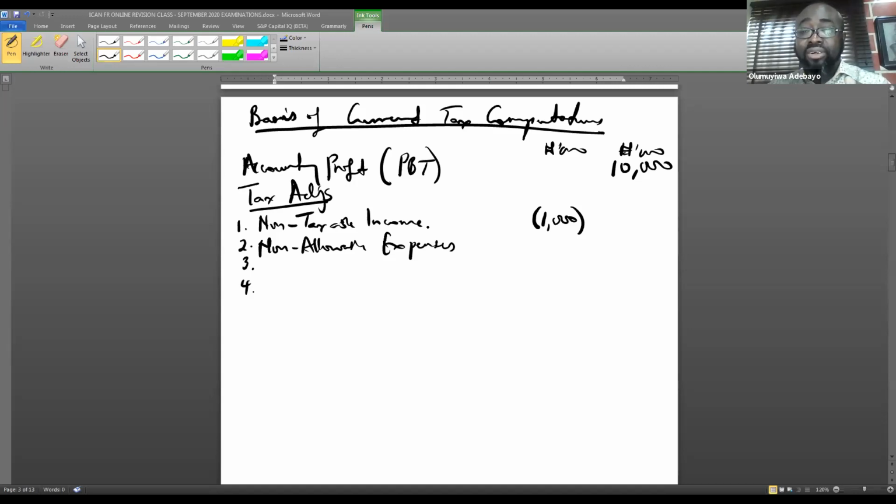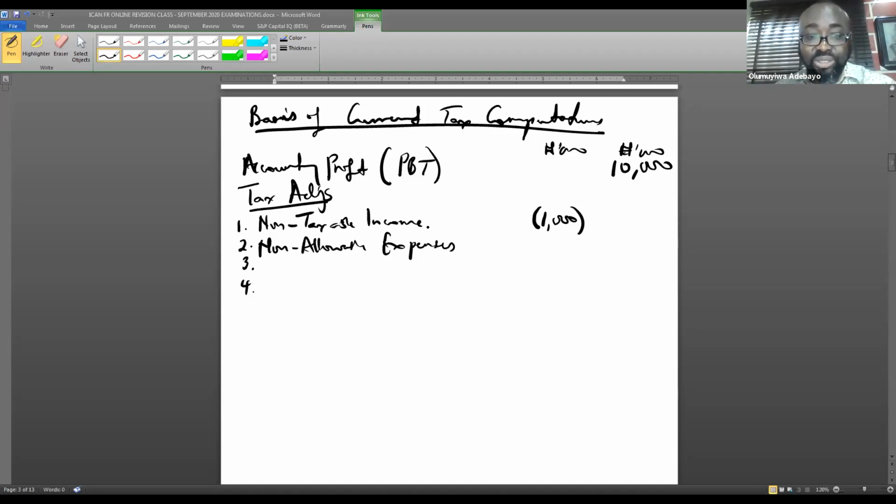Depreciation is disallowed because it will be replaced by capital allowance, which we call tax depreciation. Therefore, all of these categories of expenses are what we can subgroup as non-allowable expenses.